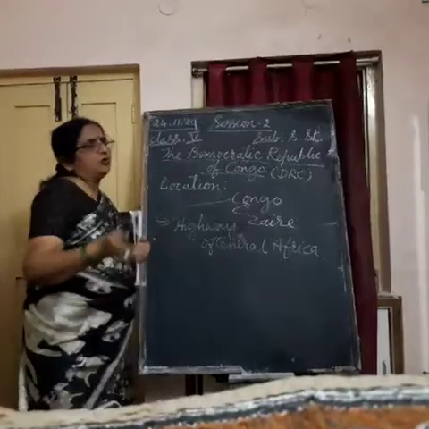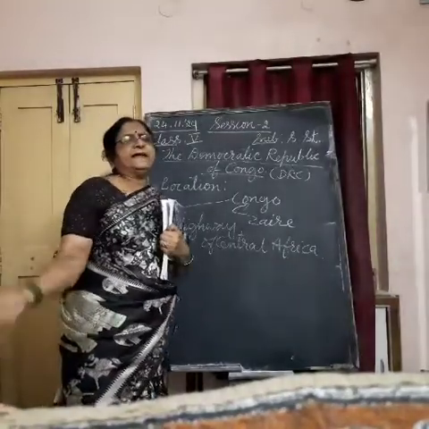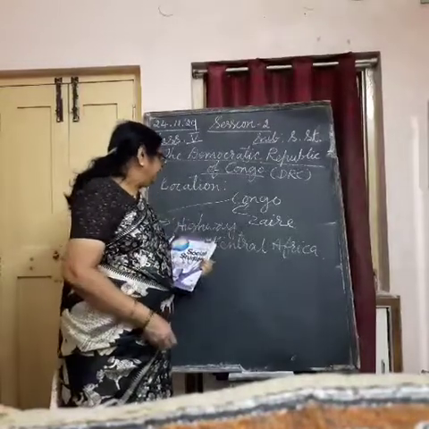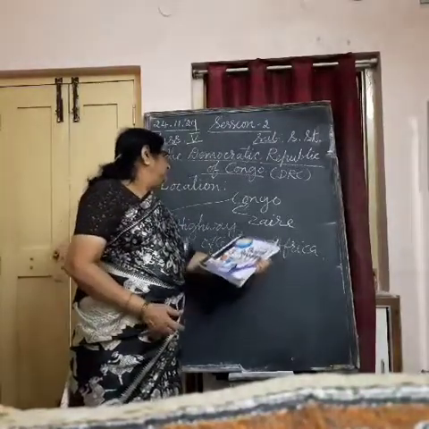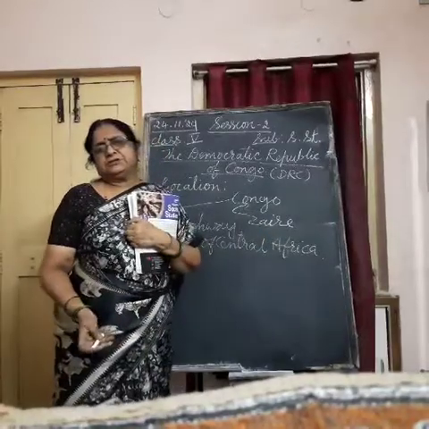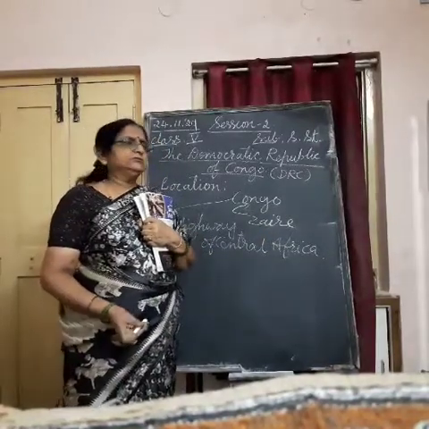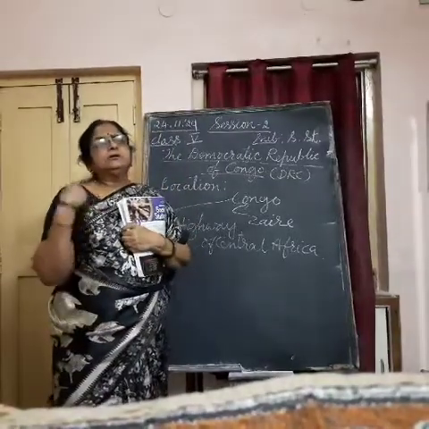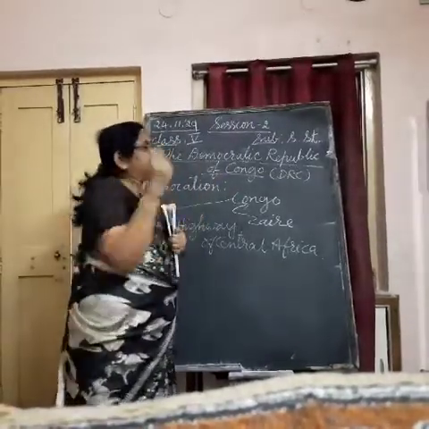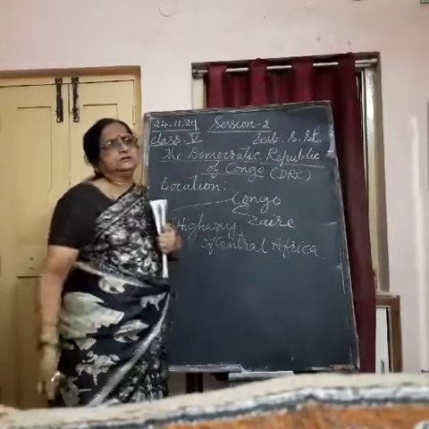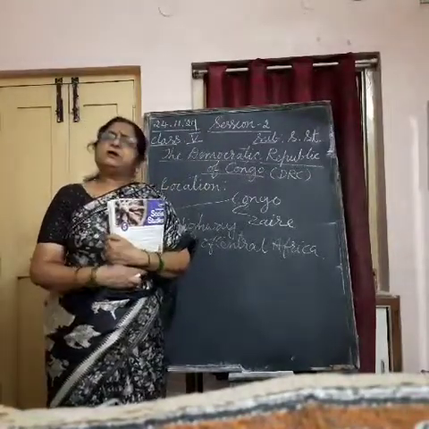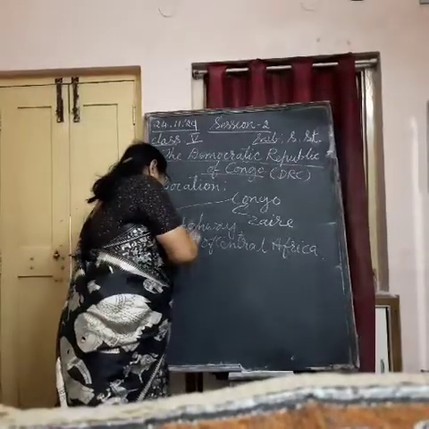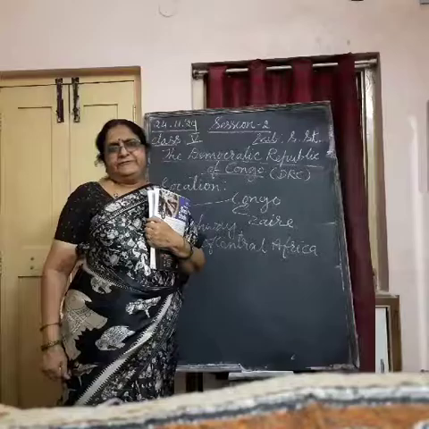People cannot walk on foot in such a damp place. That's why they use the Congo River for transportation. Not only DRC but all the surrounding countries use this river for transportation. That's why it is known as the highway of Central Africa.